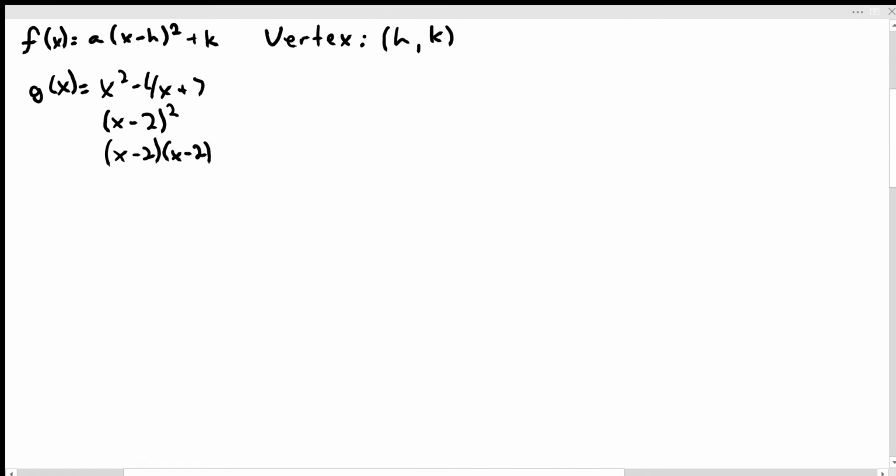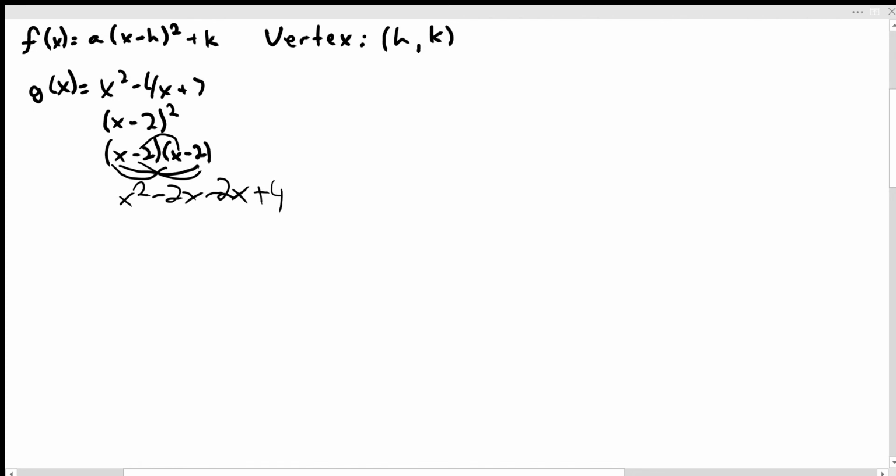And when we distribute, we'll have our x times our x, which is our x squared, our x times our negative 2, which is negative 2x, our negative 2 times our x, which is another negative 2x, and last of all, negative 2 times negative 2, plus 4.